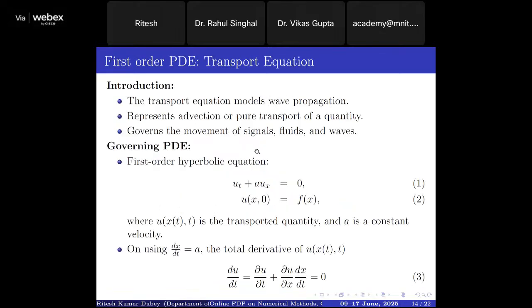So the second problem which I am talking about is the PDE. Again, we are considering a first order PDE, and it is a very popular PDE. Most of the time, people use this PDE to devise any numerical method, and then that numerical method is tested on complex problems.